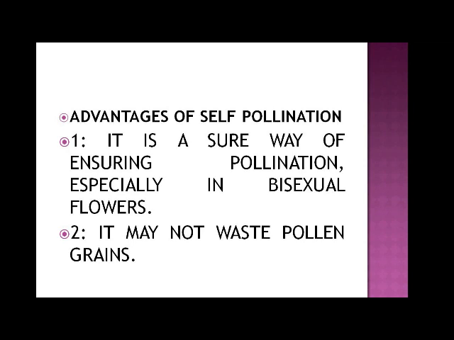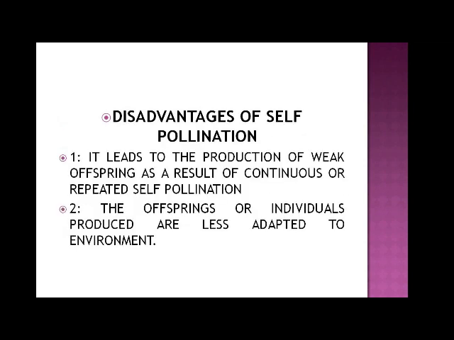The next point is going to be the disadvantages of self-pollination. One is that self-pollination leads to the production of weak offspring as a result of continuous or repeated self-pollination. What this is telling us is that the same thing is given in terms of pollination, and the result is going to be the same result.